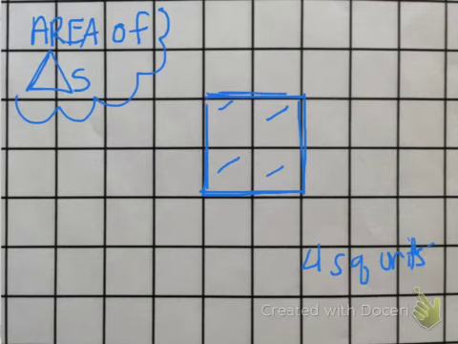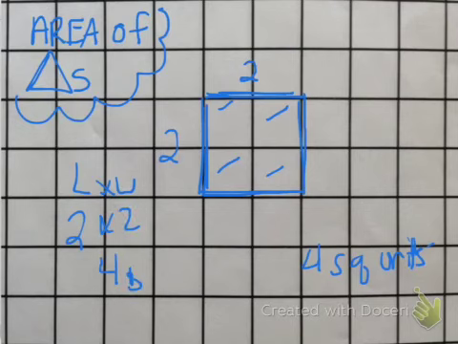We can look and see that the length is 2 units and the width is also 2 units. So we can multiply the length, 2, times the width, which is 2. 2 times 2 gives us 4 square units, or 4 units squared with a little exponent 2 up there.